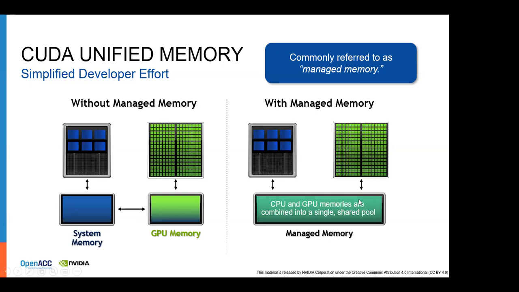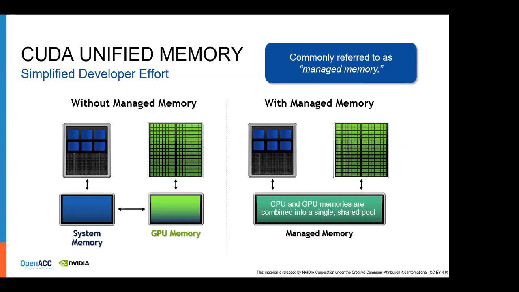This is a paging mechanism, an extension of the operating system's virtual memory. So when you refer to data through a pointer on the GPU, and the data are not there, they will be automatically copied from the CPU to the GPU memory.